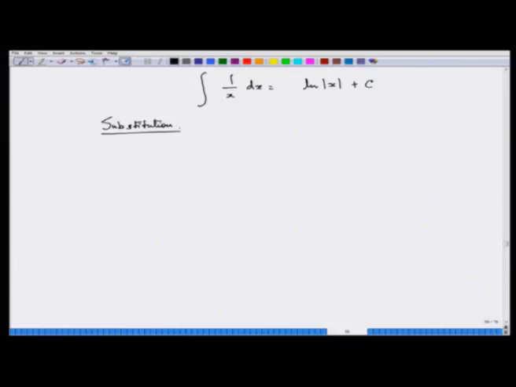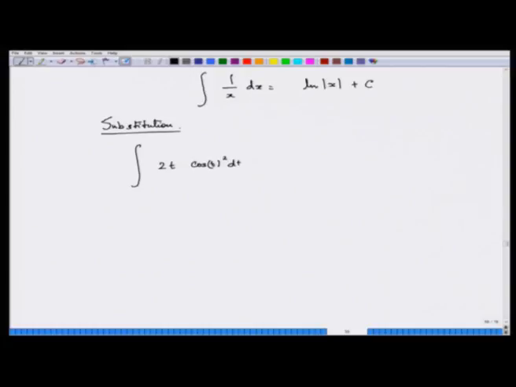And that means the following; let me give you an example. Say you want to integrate 2t cos t square dt. Now you want to simplify this into a form where you can immediately apply the antiderivative.